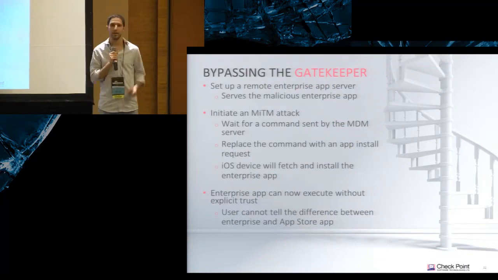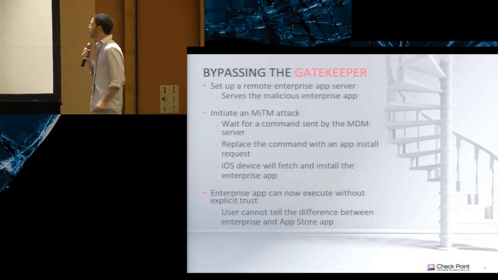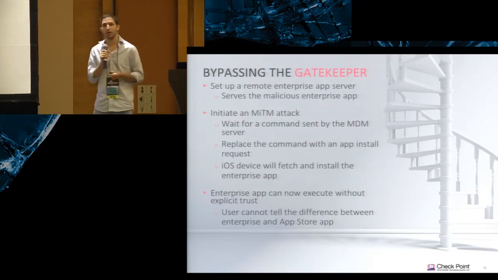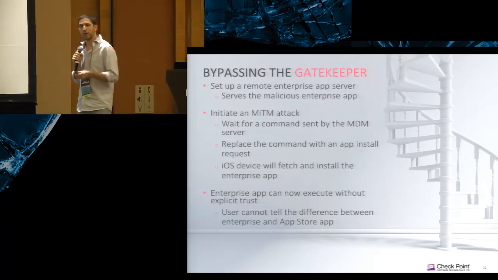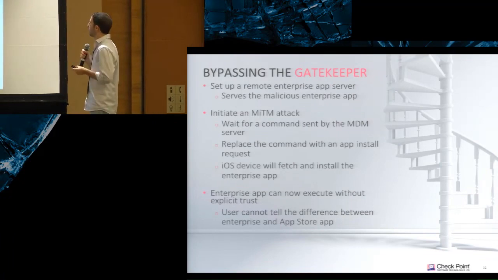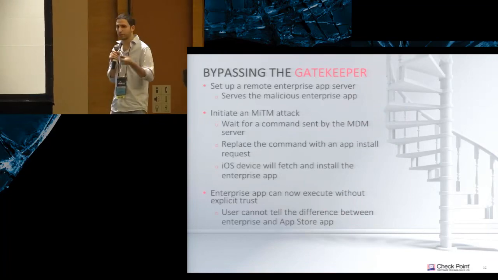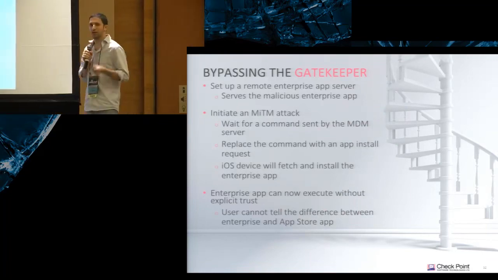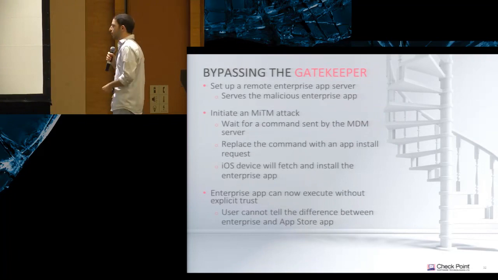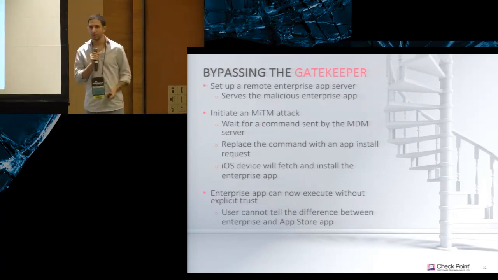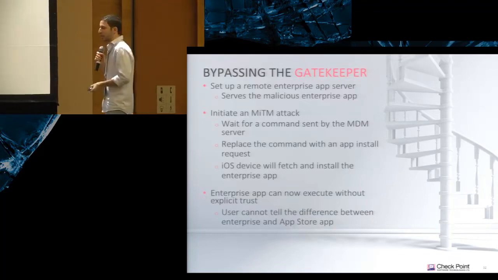I, as an attacker, will set up a malicious enterprise server that contains my enterprise app, and I will initiate a man-in-the-middle attack through a configuration profile. Now all I have to do is wait for an MDM command to be sent. Every few minutes a command is sent from the server, and I replace it with an install app command. The app will be installed on the device and can be executed without any user trust and without showing its origin. The user won't even know it's an enterprise app.